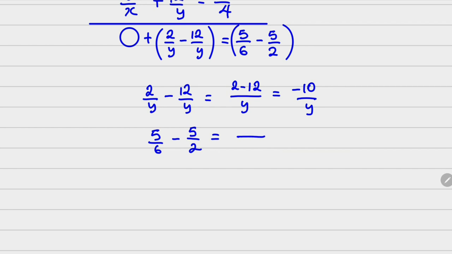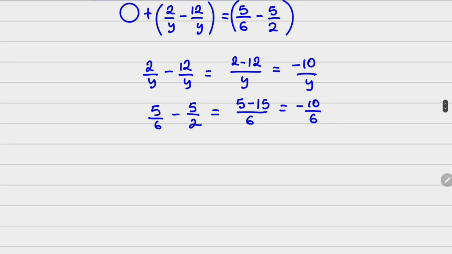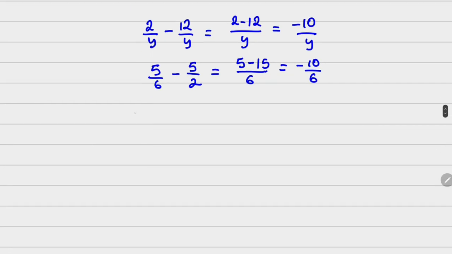Of course, the LCM is 6, so I'm going to have 5 minus 15, which is minus 10 over 6. Now, it means that minus 10 over y is equal to minus 10 over 6.